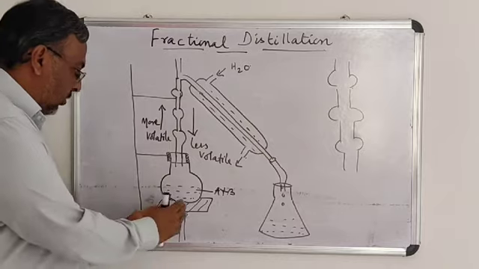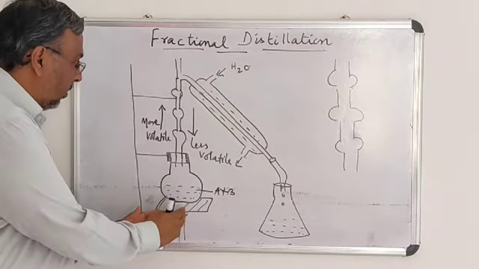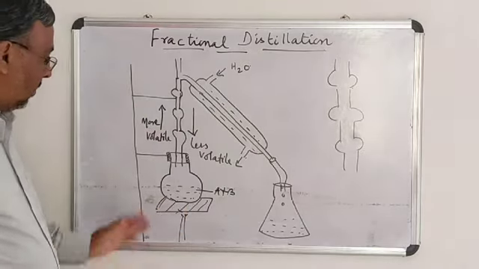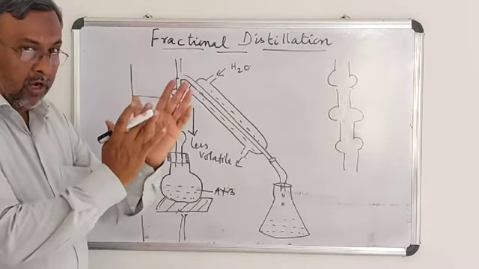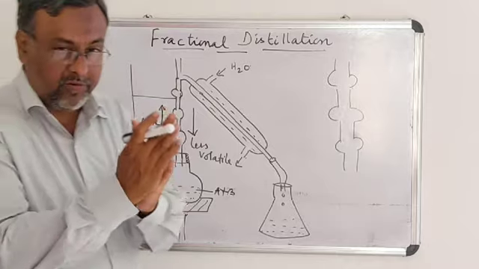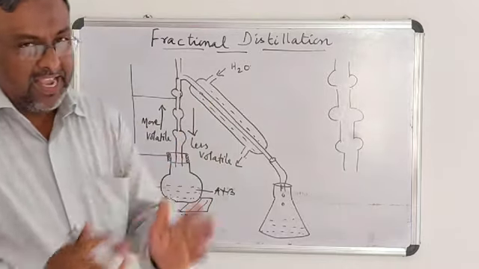When the vapors of the two liquids move together through the fractionating column, they mix with each other.